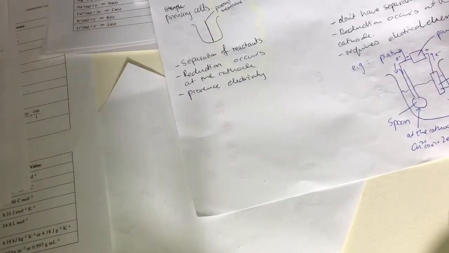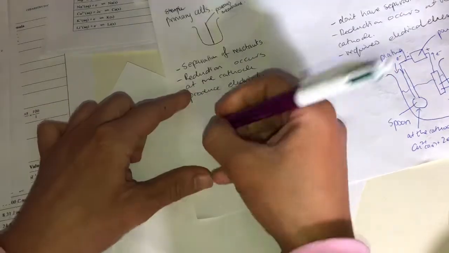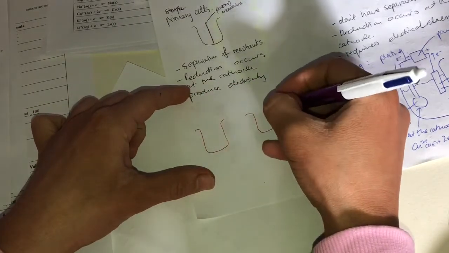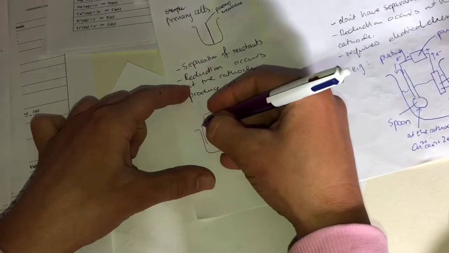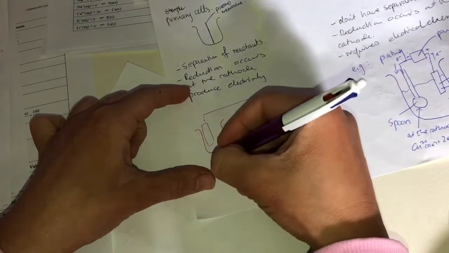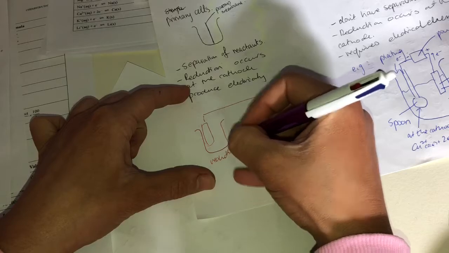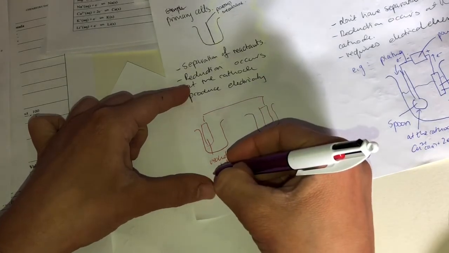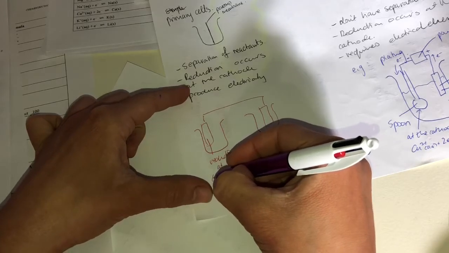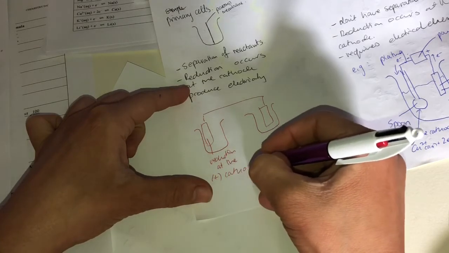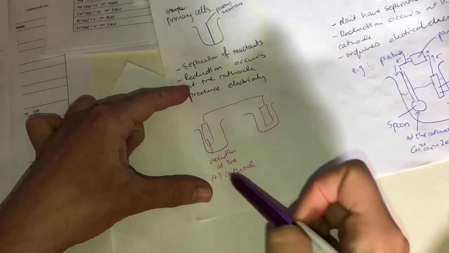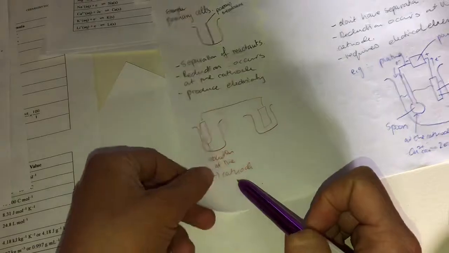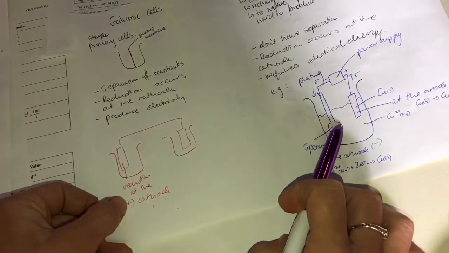In a galvanic cell, as we learnt before, there's the separation and you have reduction at the positive cathode. So it's still the cathode, but it is positive in galvanic cells and negative in electrolytic cells.